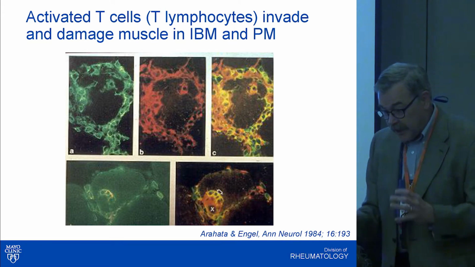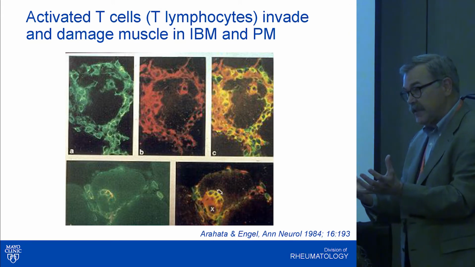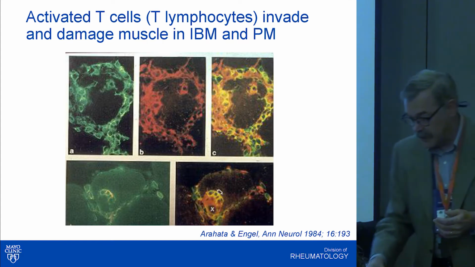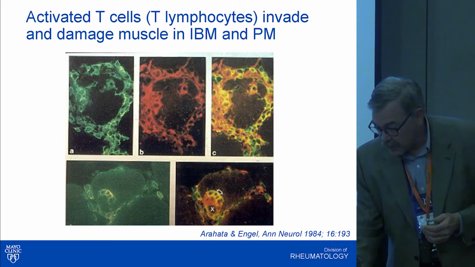And what's dark in the center of this sea of T cells is an individual muscle fiber. And they showed in other stains that the muscle fiber was a viable muscle fiber. This was not a dead muscle fiber that was being scavenged and cleaned up, but a viable muscle fiber that was being invaded by T cells. You can even see some green into the middle of the fiber.